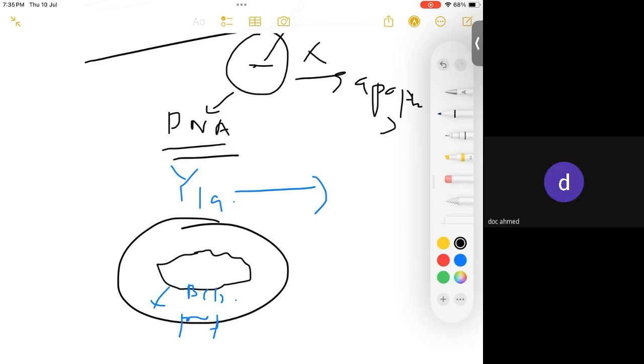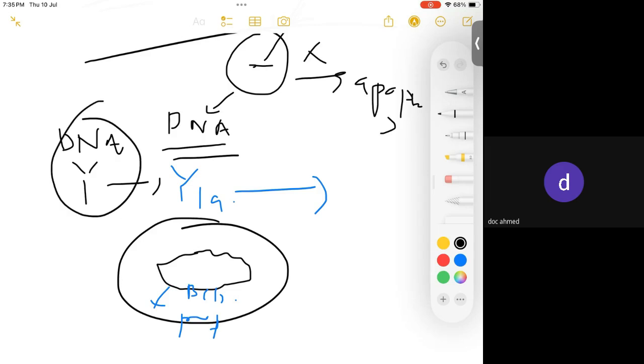So we have these DNAs attached with antibodies and the complement system. But what if we have complement deficiency, early complement deficiency? You cannot clear these immune complexes. Whenever we have antigen attached to antibody, that's an immune complex, right? So if we have complement deficiency, we cannot clear this immune complex.